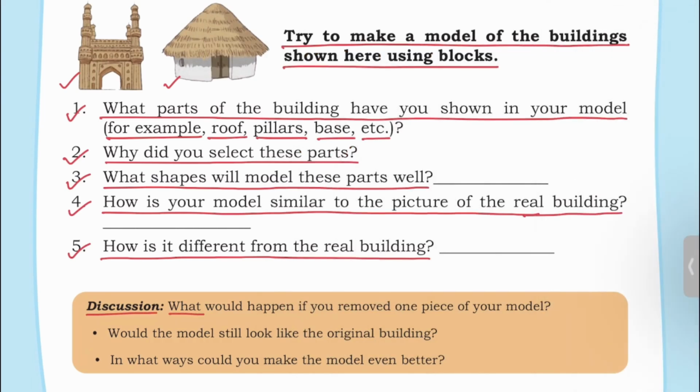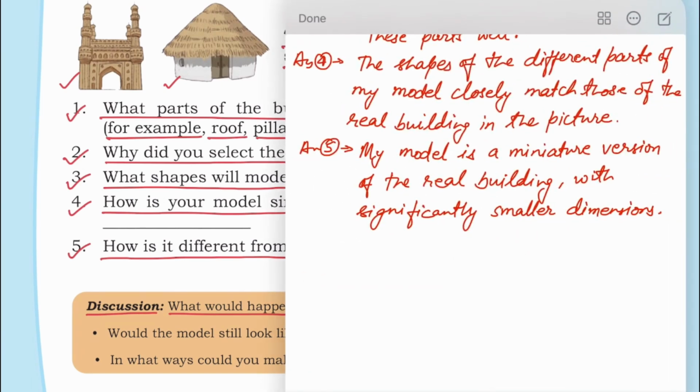Discussion. What would happen if you removed one piece of your model? Answer. The model might become unstable or look incomplete.